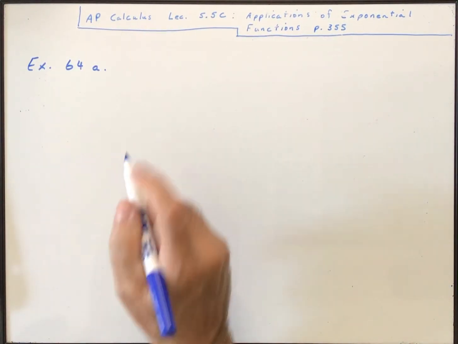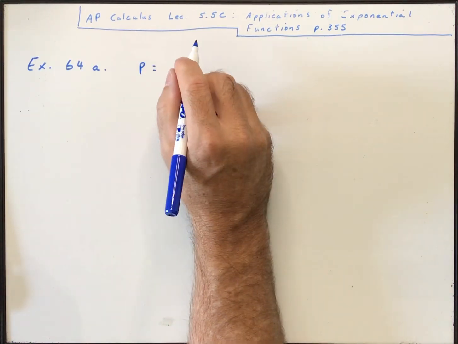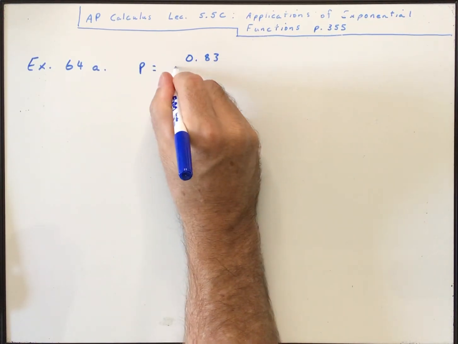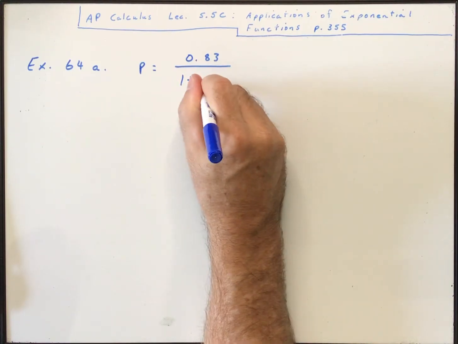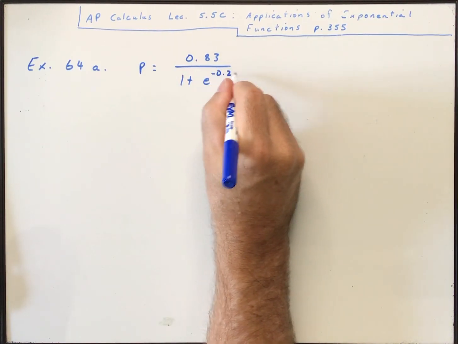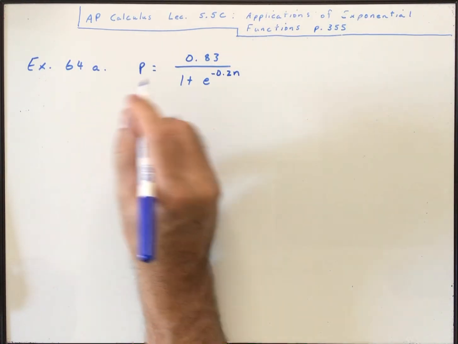So we have P is equal to 0.83 over 1 plus e to the minus 0.2 times n. So we want to find the limiting proportion.